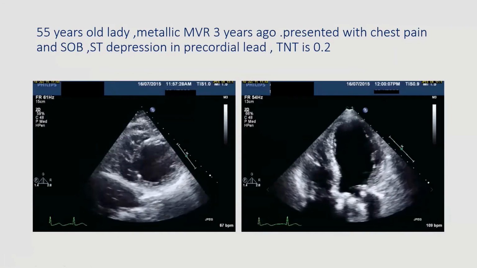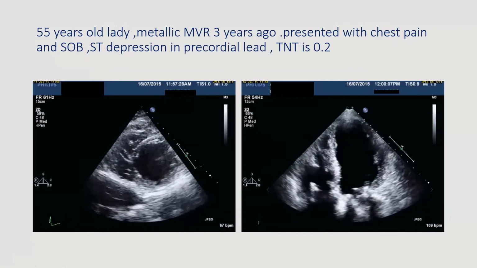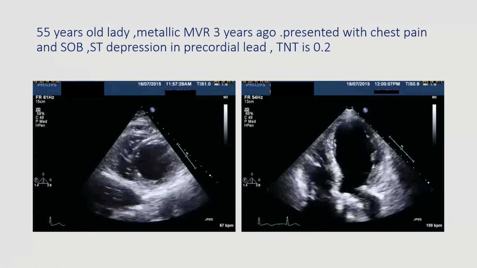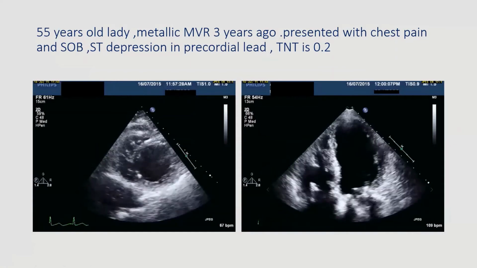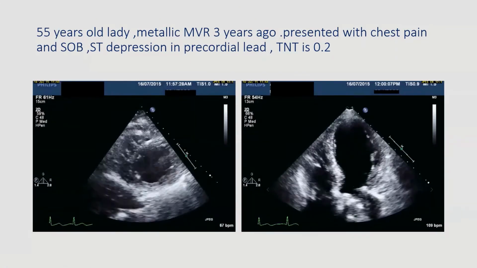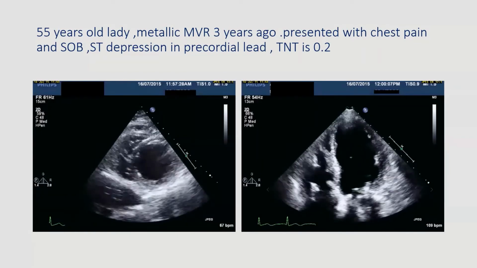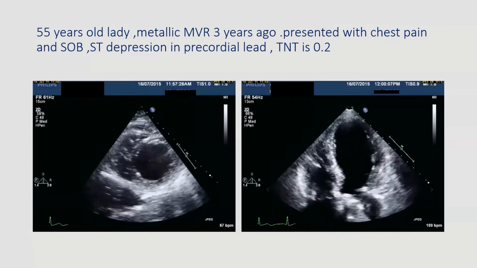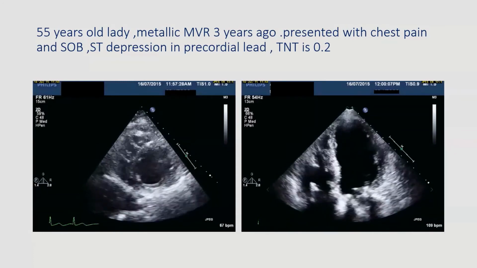So what is this? This is RV apical hypokinesis. RV apical hypokinesis in many studies is consistent with the diagnosis of stress-induced cardiomyopathy.